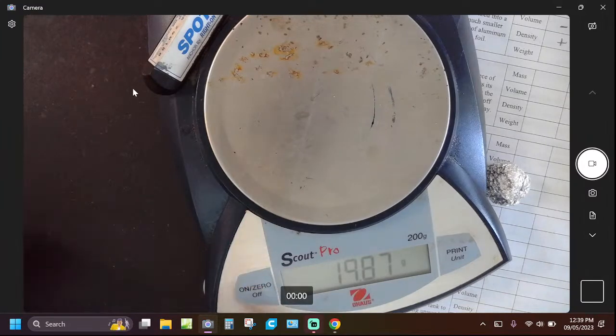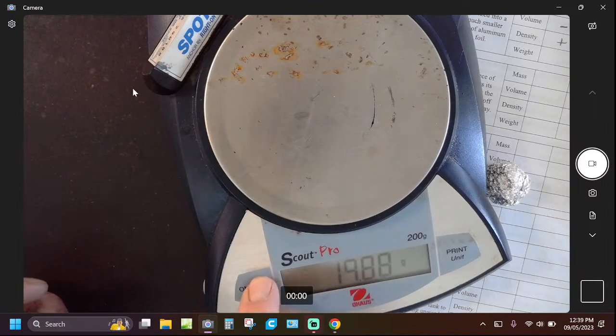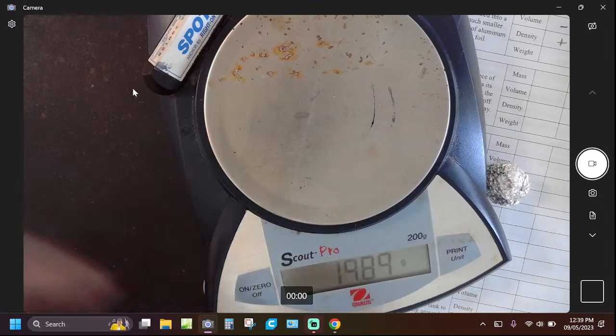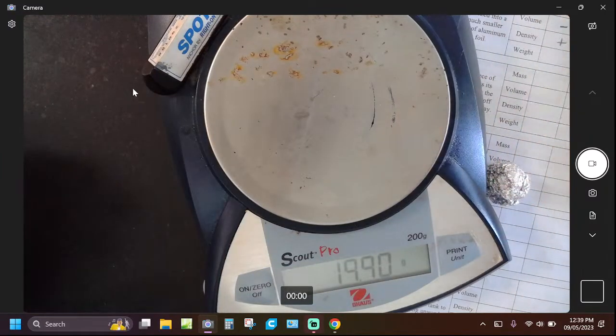Okay, so zero. This balance isn't really seeming to work. Okay, so I don't know that we'll be weighing things today, but it says 19.9.